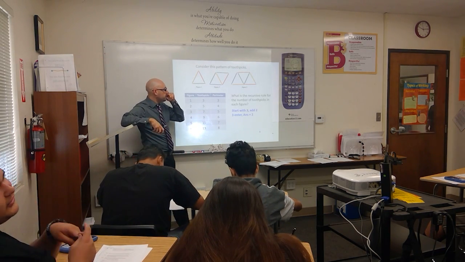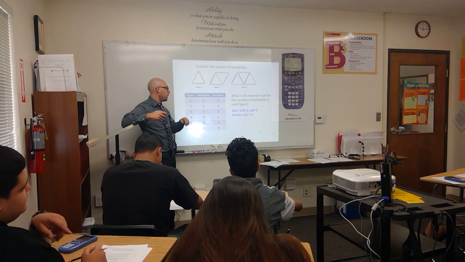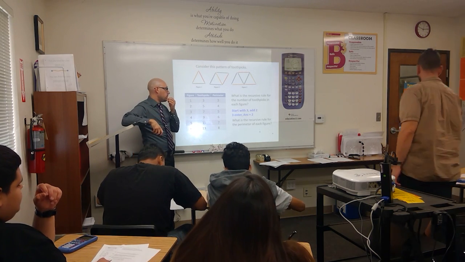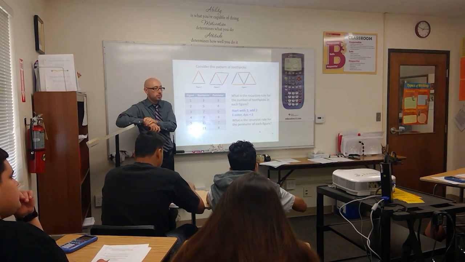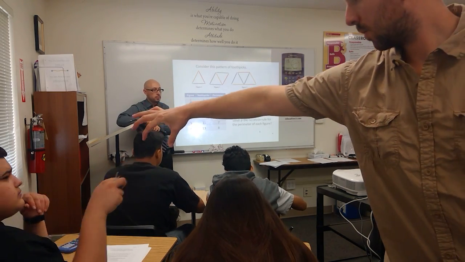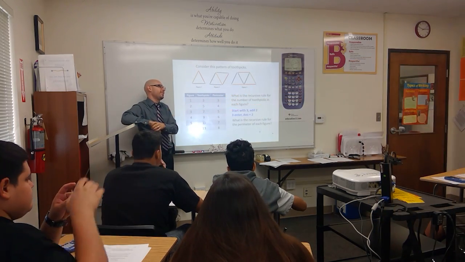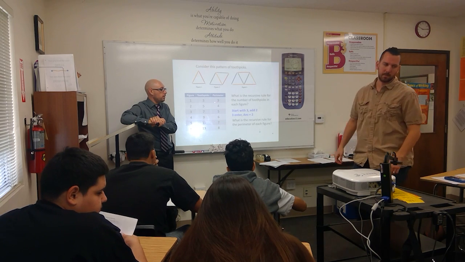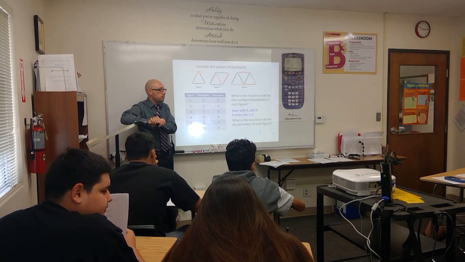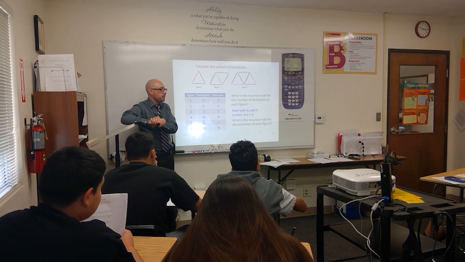Okay, so that's how we find the number of toothpicks. What's a recursive rule that will help us find the 10th one of the perimeter? Start with 3, and then are we adding, subtracting, multiplying, dividing, exponents?